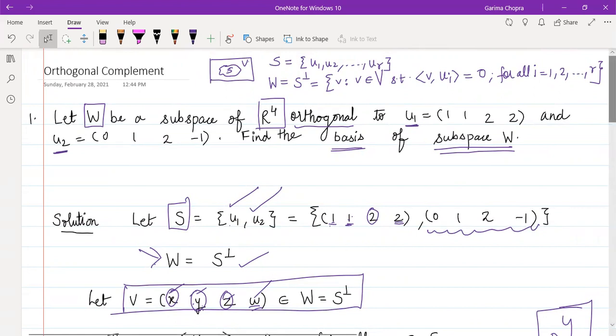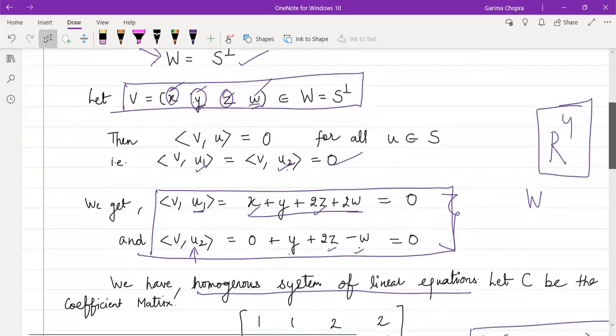The orthogonal complement is W. And this problem of finding the basis of the orthogonal complement is similar to what we evaluated for the basis of the kernel, because when we were finding the arbitrary vector of the kernel, then also we had a homogeneous system of linear equations. And here also, when we are finding the orthogonal complement, we have a homogeneous system of linear equations.